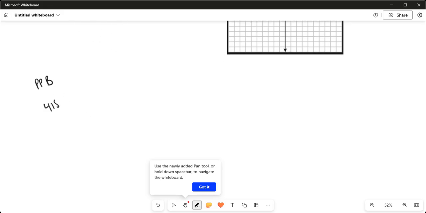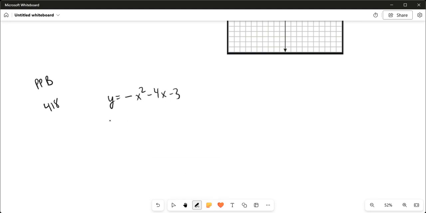On 418, which is y equals a negative x squared minus 4x minus 3. Okay. Same thing, except this time we're going to pull that negative out and change the signs. So this will be x squared plus 4x plus 3. Middle term, divide by 2, square it. So the half term is 2, the square is 4.